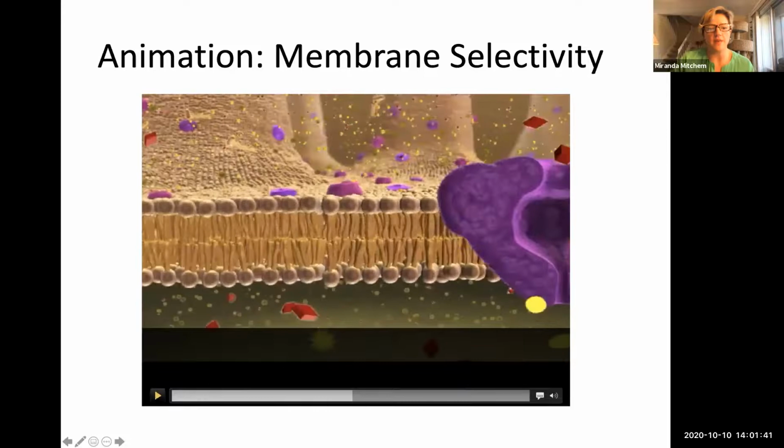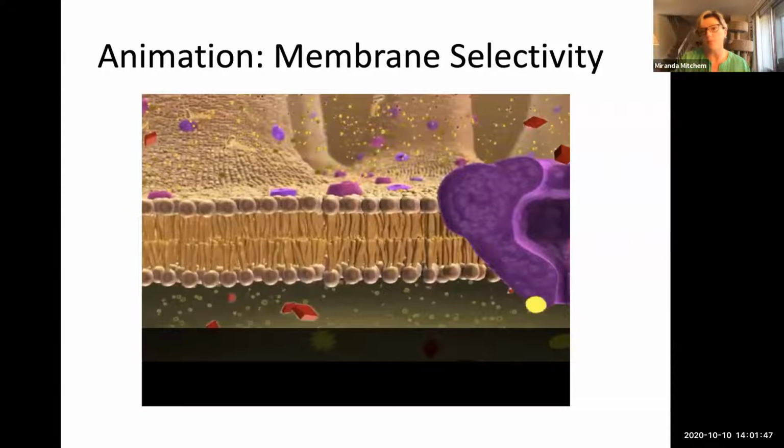Let me pause that there. So not only did that video segment review the process of diffusion, but it also looked at the example of facilitated diffusion, which is when it involves a channel protein to move through.